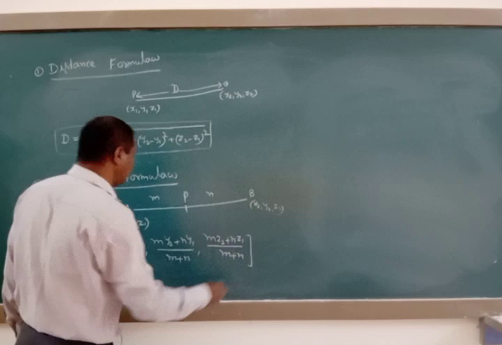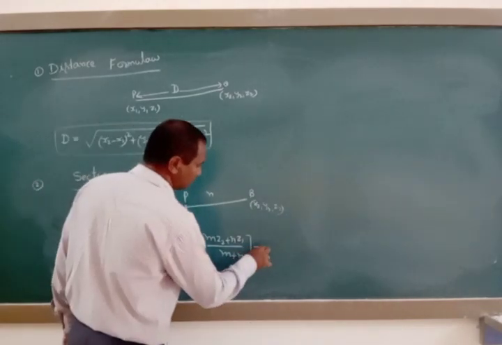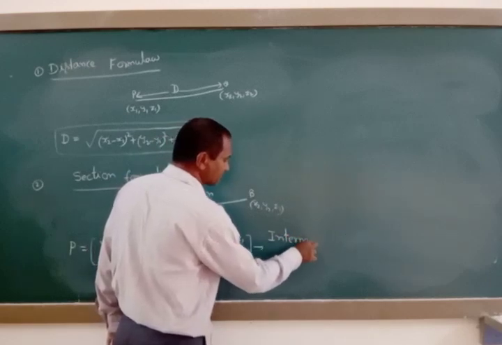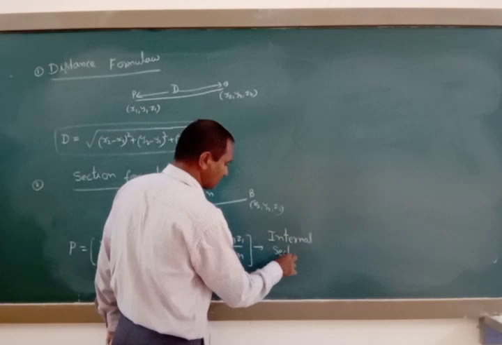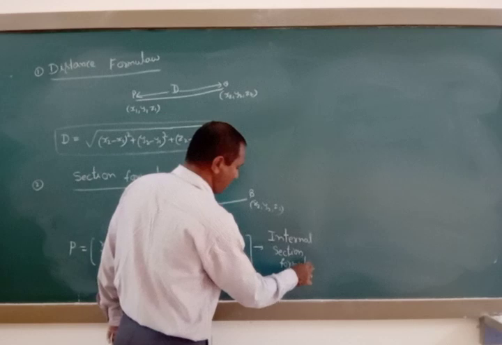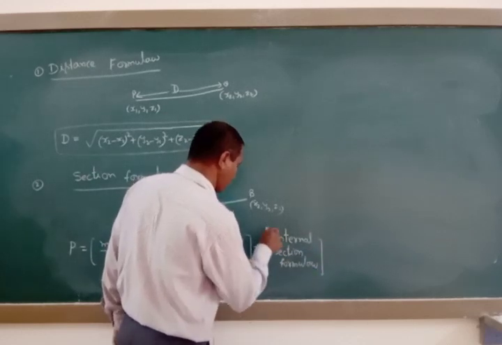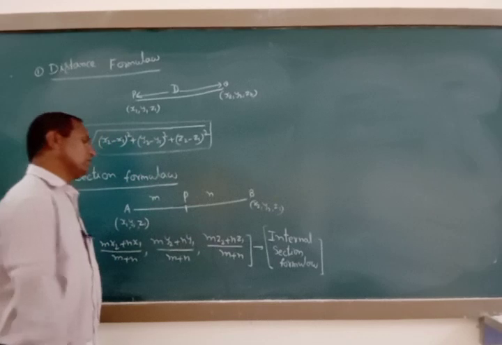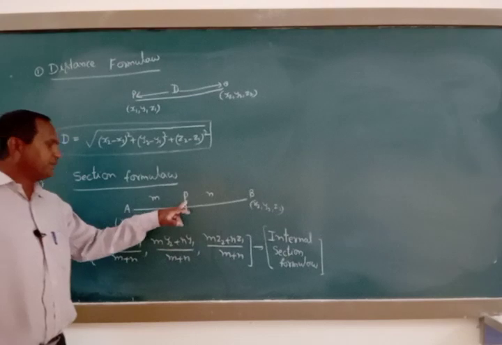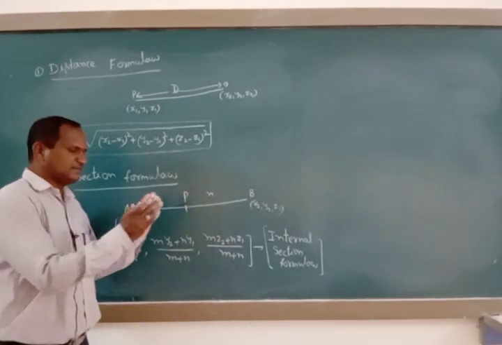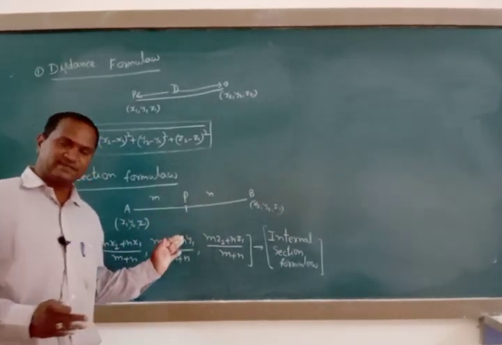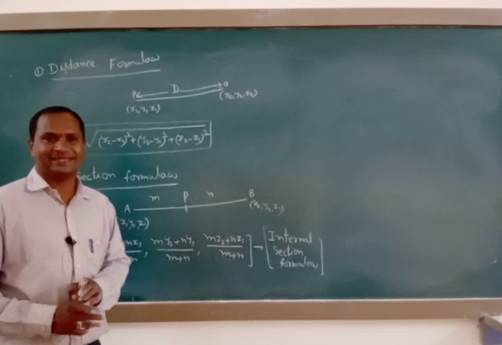This formula is called the internal section formula. Why are we calling it the internal section formula? Here the division point P divides AB inside, between A and B. The division point comes between A and B. It divides line AB in the ratio m:n internally.